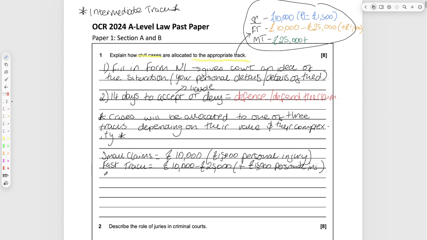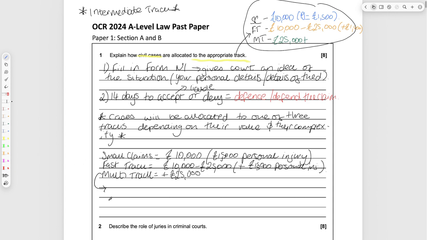And then the multi-track, which is your biggest track, where the most complex cases are going to be needed. That's going to be for your cases of upwards of £25,000.